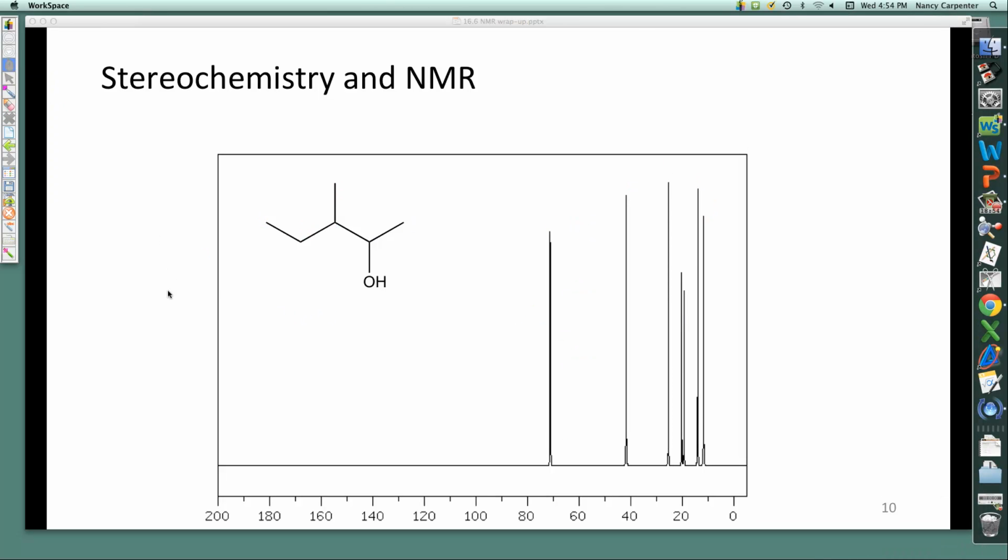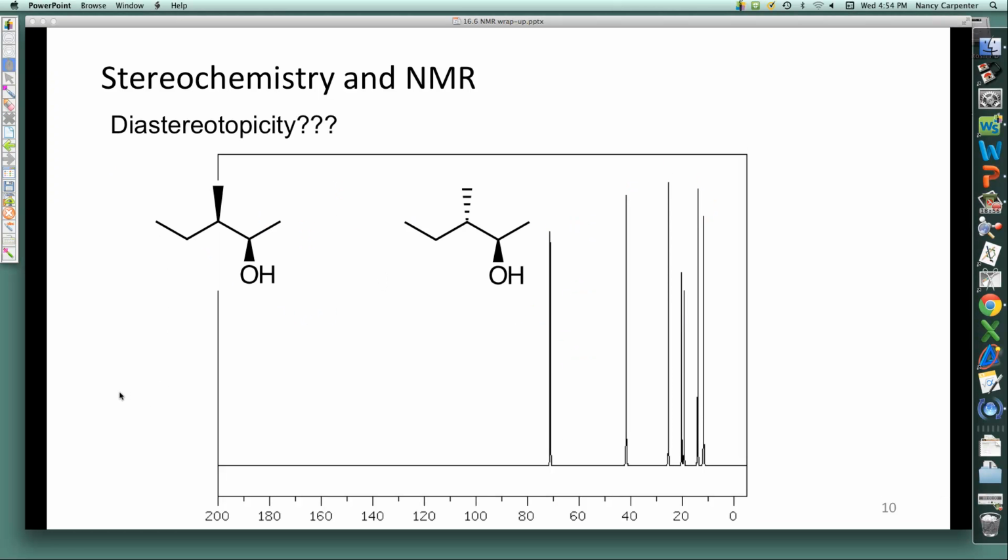Well, it's that ugly stereochemistry. You see, this methyl group is in a completely different electronic environment than this methyl group. Egad. This one's on the same side as the hydroxyl. This one's on the opposite side.